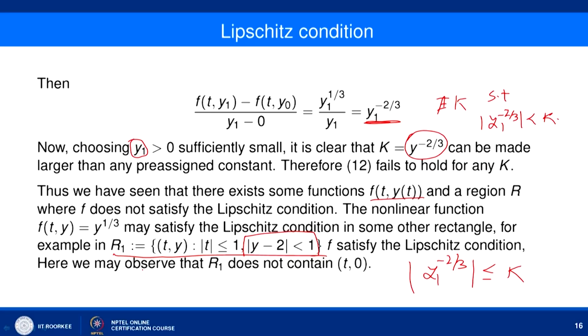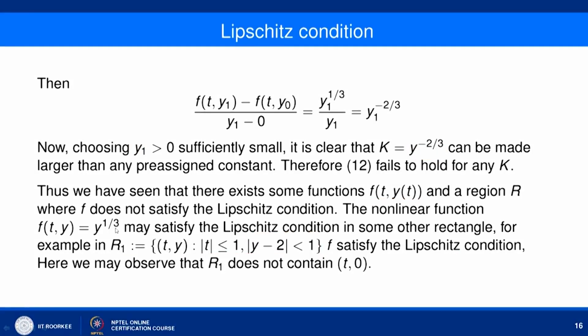So, we are going to use this in the coming existence and uniqueness theorem. Here we have seen that the function f(t, y) equal to y to the power 1/3 is not satisfying the Lipschitz condition in the rectangle R, which we have defined.